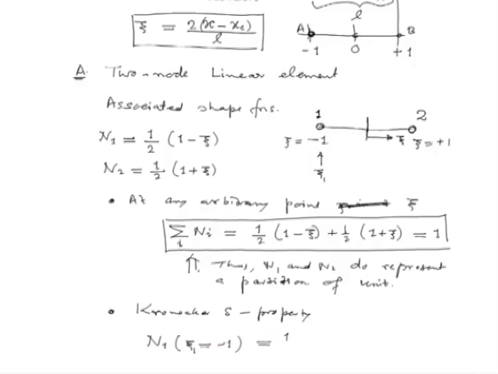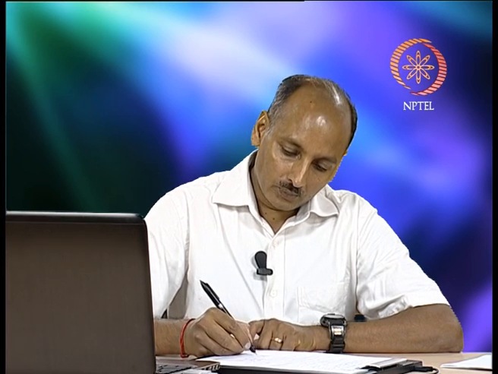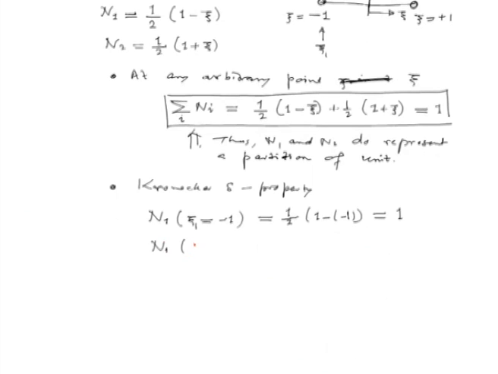What is this? This is 1 by 2 into 1 minus minus 1, which is equal to 1. And what will happen if we evaluate N1 at xi_2 equal to plus 1? This is 1 by 2 into 1 minus 1, which is equal to 0. Now, let us have a look at one more one dimensional element.